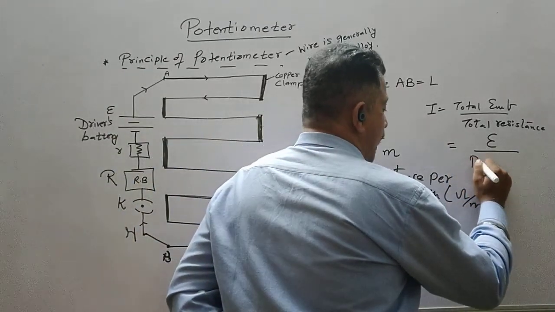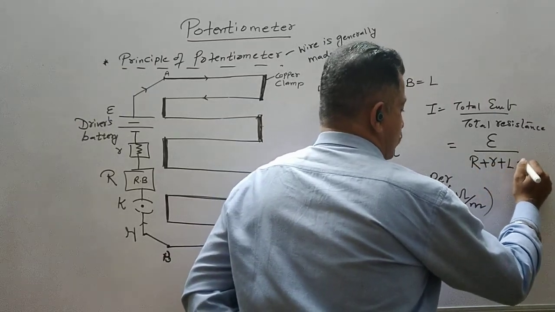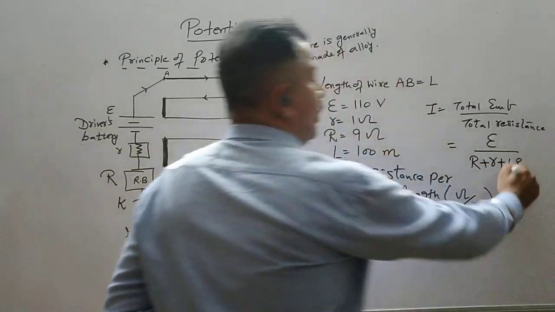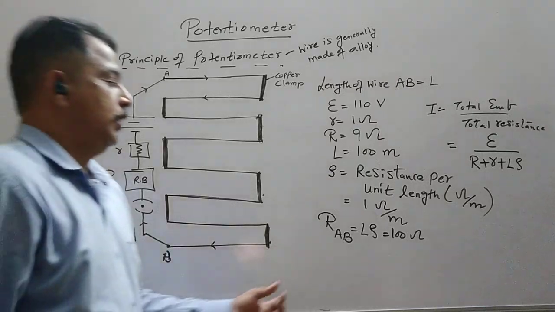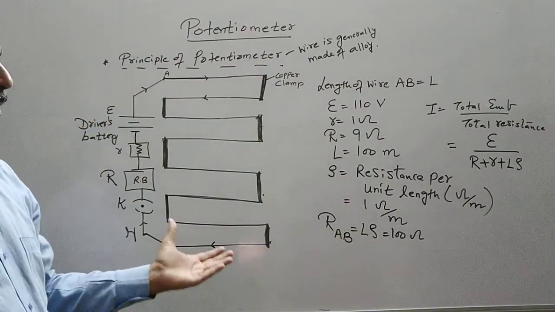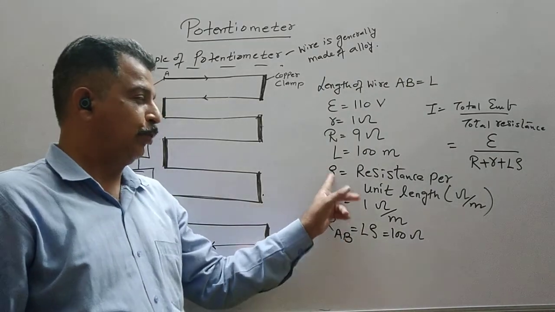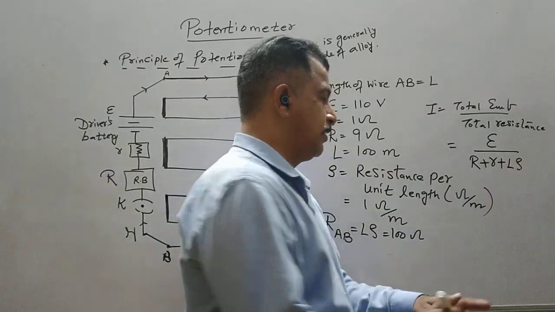So I will write R plus small r plus the resistance of the entire wire, that is L into rho. You remember the formula of the resistance of the potentiometer wire, L into rho, where rho is resistance per unit length. So this is the total resistance in the circuit.